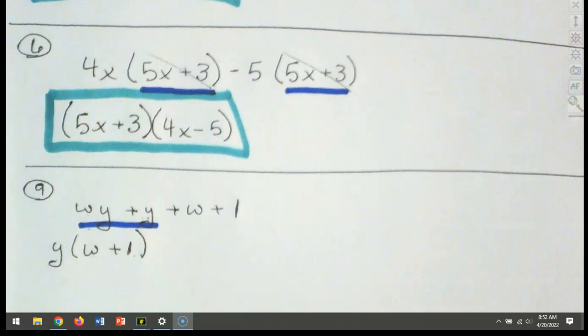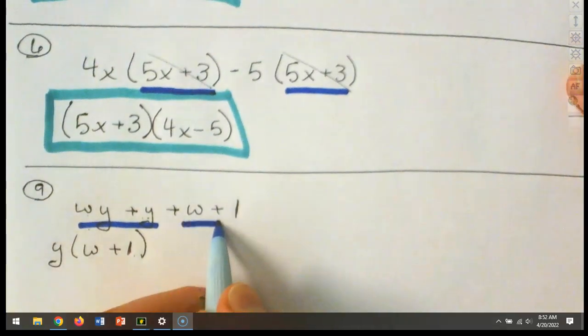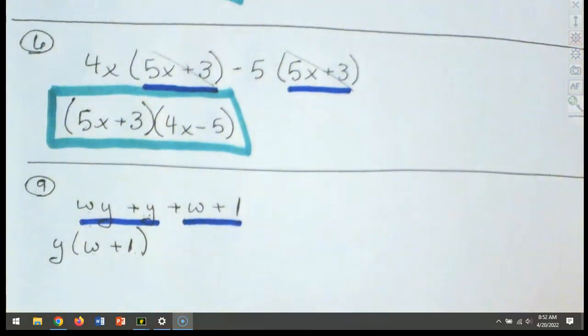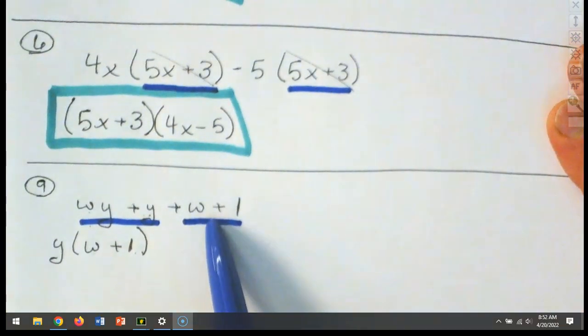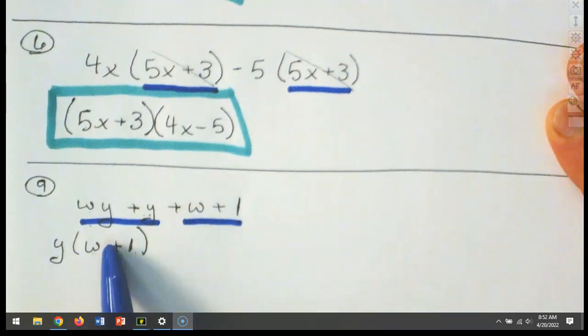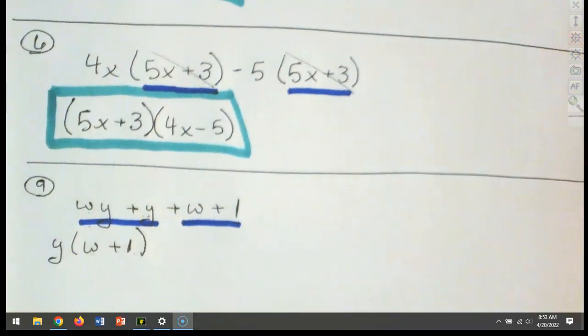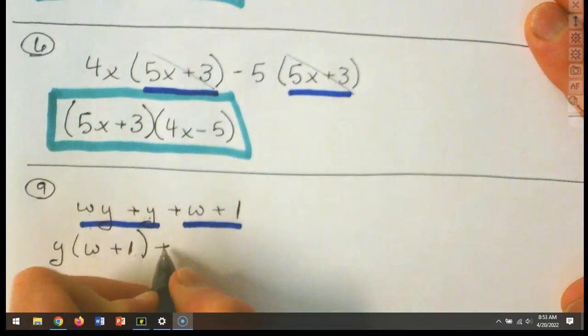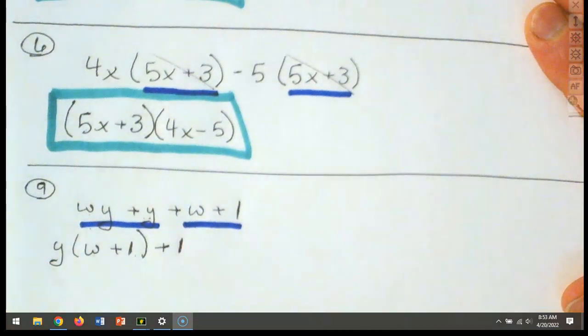Now, what do we know already here? On the next 2 pieces, these have nothing in common, but what do you notice? This is already the same as that. Okay, right? They are identical. Now, in some cases, if nothing comes out, you can always take out a 1 as a placeholder.